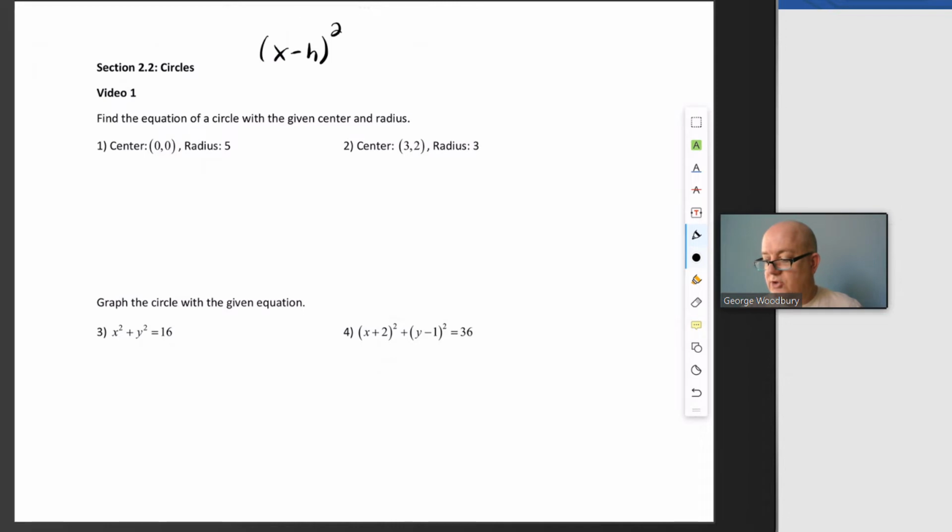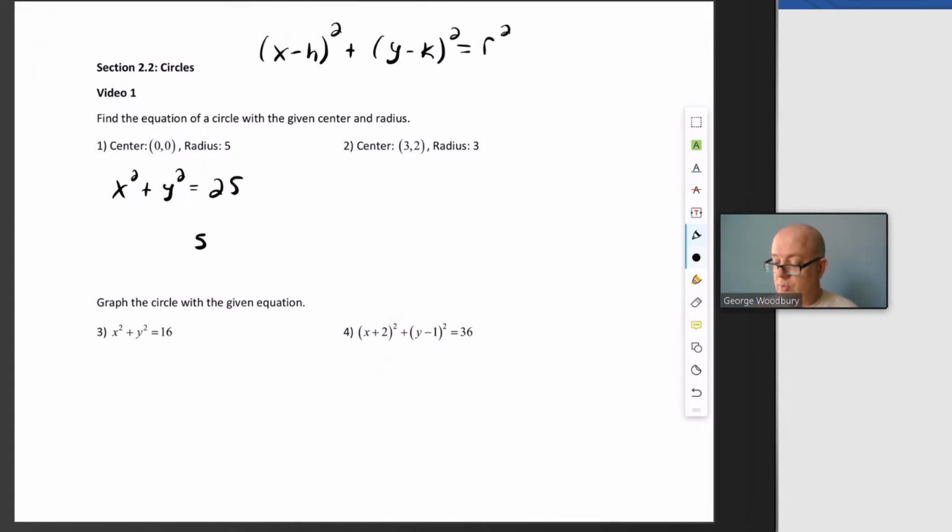Quantity (x minus h) squared plus the quantity (y minus k) squared equals the radius squared. So when we subtract 0 from x, x minus 0 is just x. So the equation is going to be x squared plus y squared, same thing with y, equals the radius squared, and 5 squared is 25. That's the equation of a circle centered at the origin with a radius of 5.